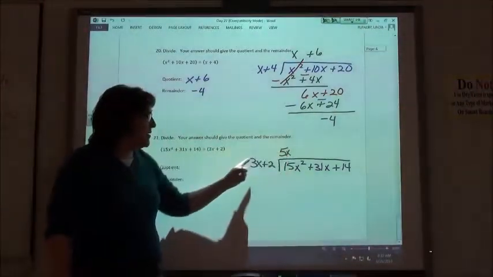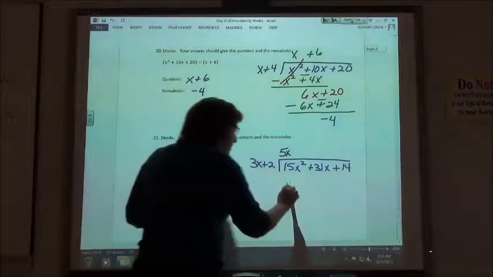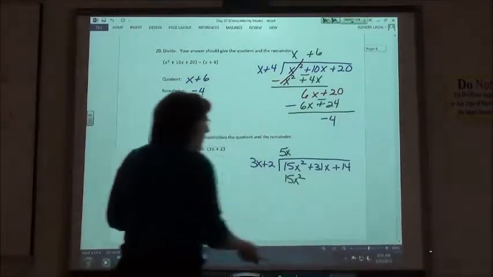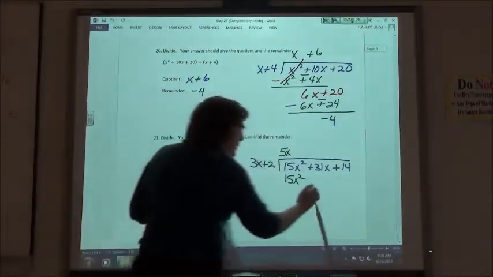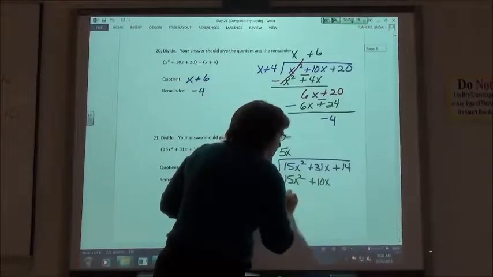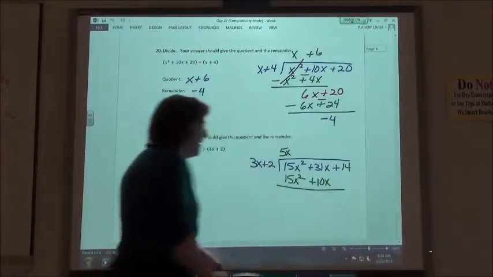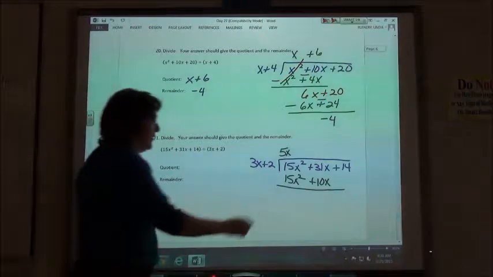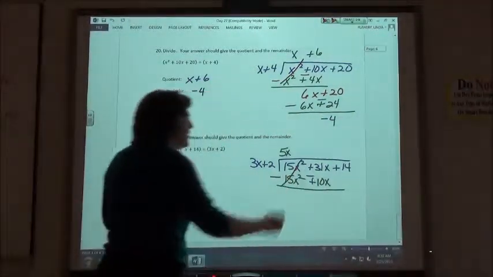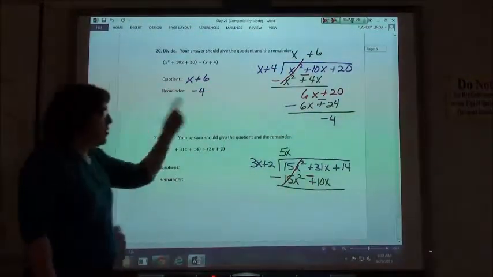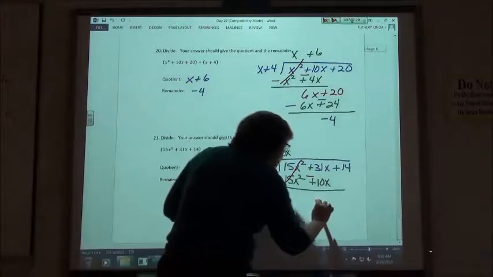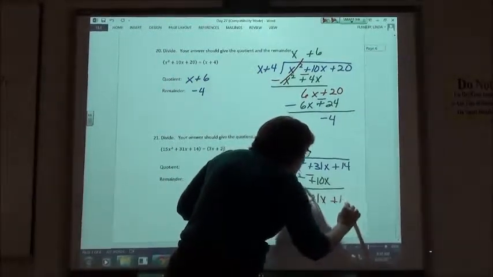So 5x times a 3x would be my 15x squared. 5x times 2 is plus 10x. Then I'm going to subtract so I can cancel out my leading term. 31x minus 10x would be 21x and plus 14.